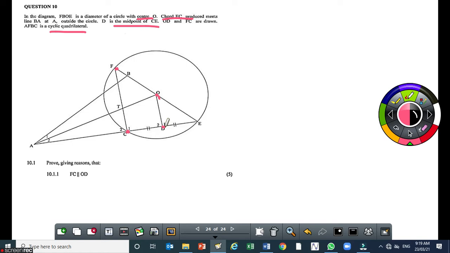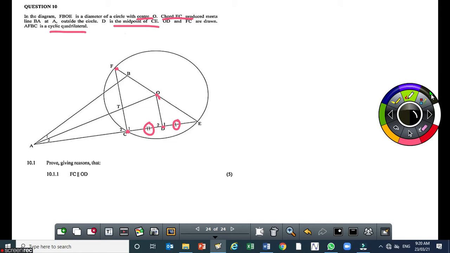It's indicated that the line is bisected, which means you have to use the converse of theorem 1. So I'm going to start by saying, make sure you pay attention carefully. Remember, I want to prove that FC is parallel to OD.